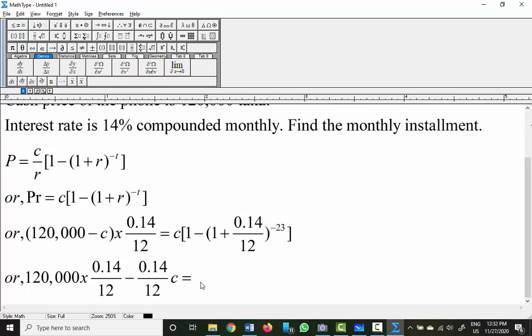So here we will get C multiplied by, let us do this calculation: 1 minus bracket 1 plus fraction 0.14 divided by 12, bracket closes there, power minus 23, is equal to 0.23415.